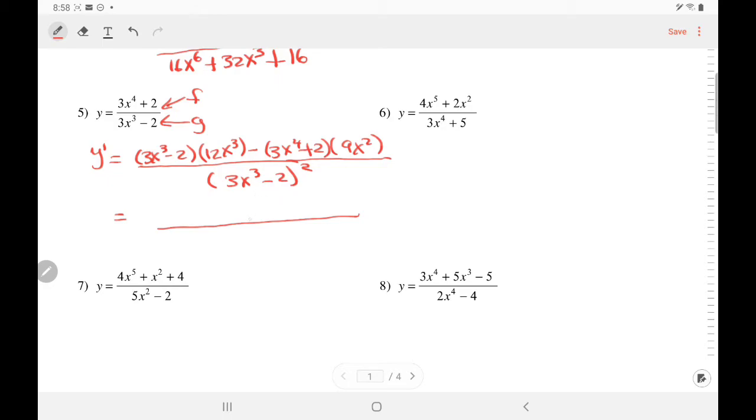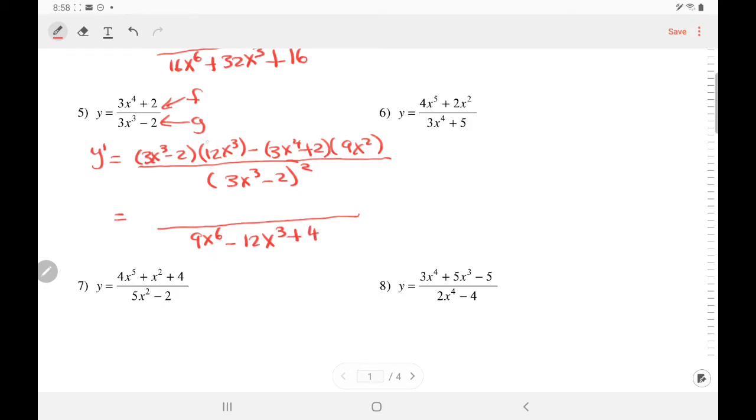Let's expand the denominator. Square your first term, it is 9x to the 6th. Multiply negative 2 and 3, that's negative 6. Double it, it's negative 12x cubed. And finally, square the negative 2, it is positive 4.